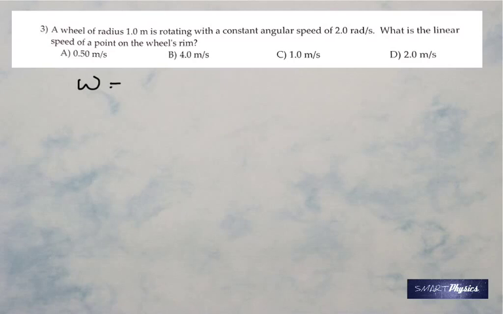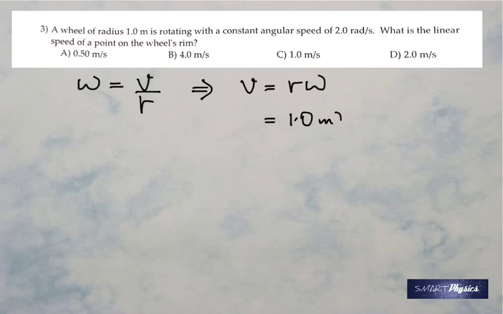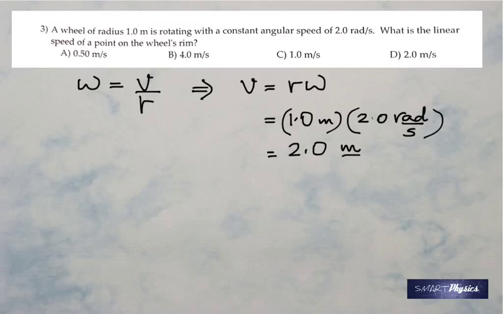The relation is omega is v divided by the radius, from which you can calculate the linear speed as the product of r and omega. The radius is 1 meter, omega is 2 radian per second, and you get 2 meter per second as the linear speed.